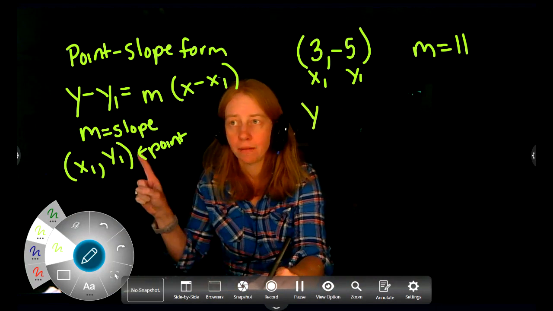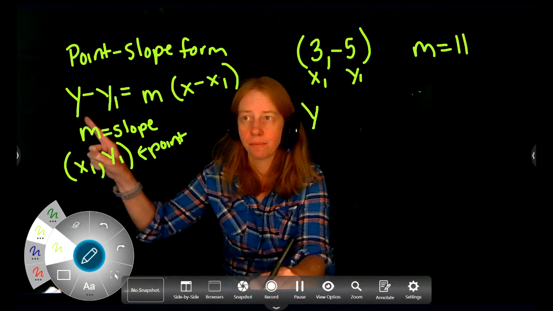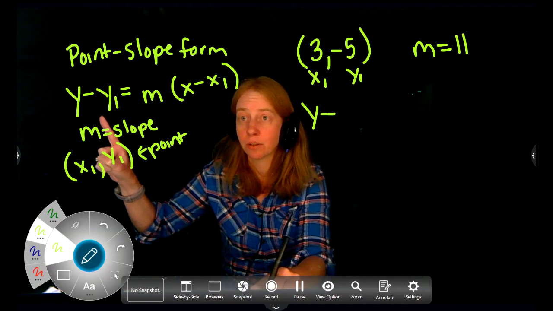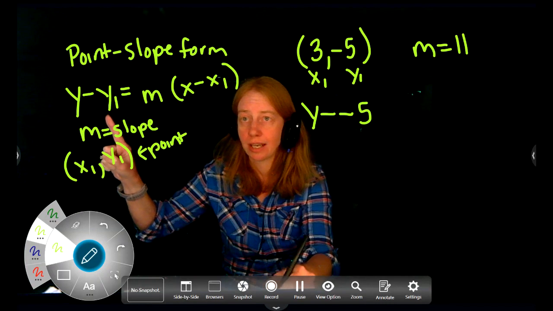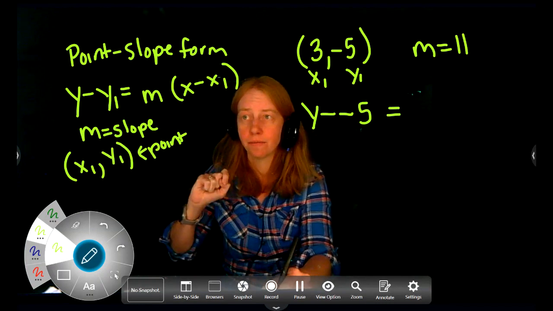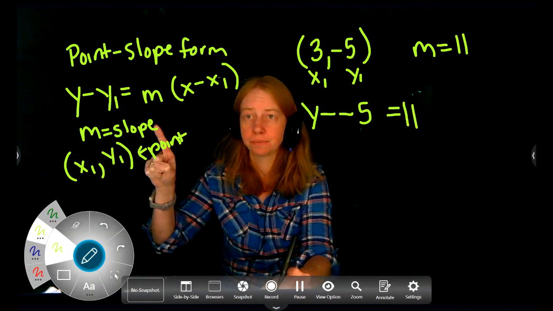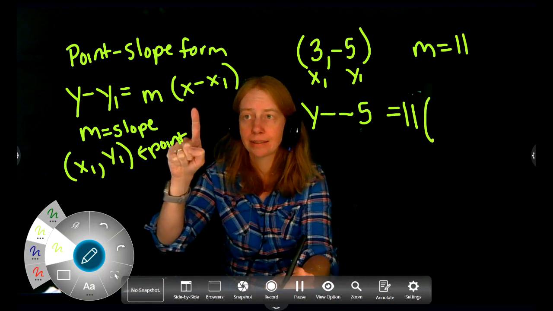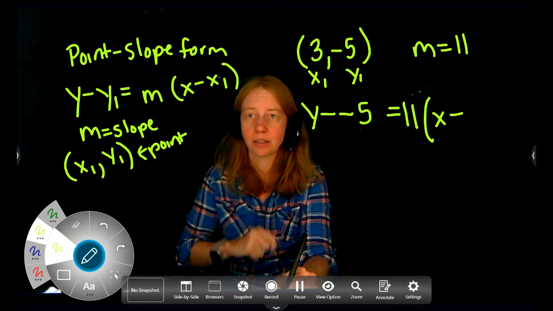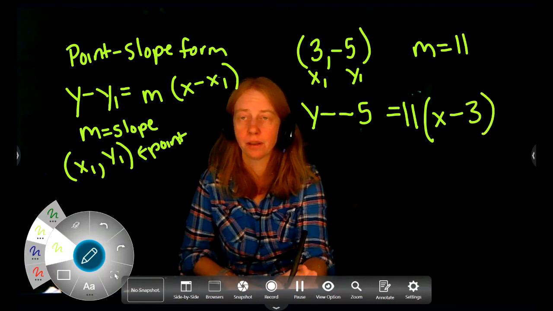So you're going to start with y, right here, minus, now we look for y1. Now y1 is a negative, so we're going to keep that negative. We'll talk about this in just a second. Equals, m is 11, x minus x1, and our x1 is 3.